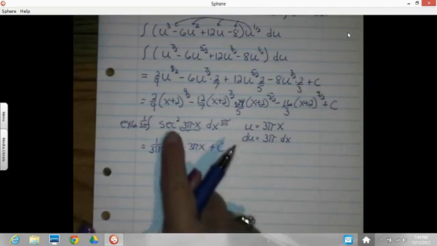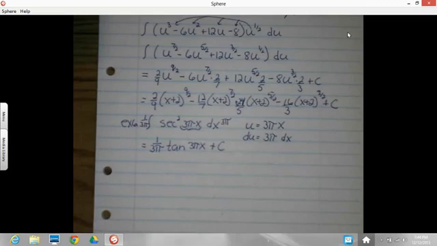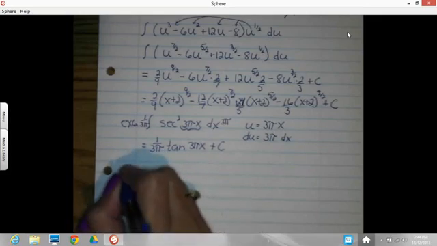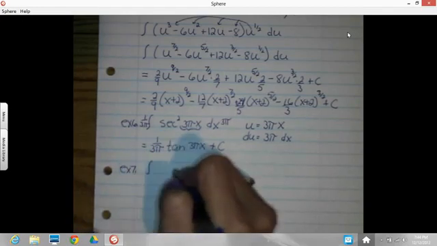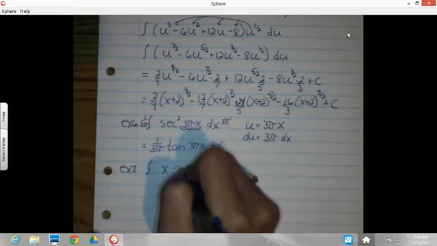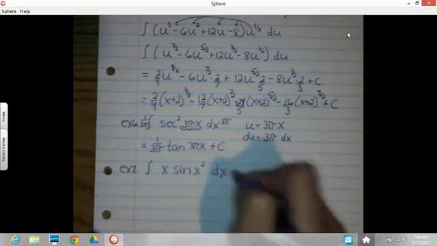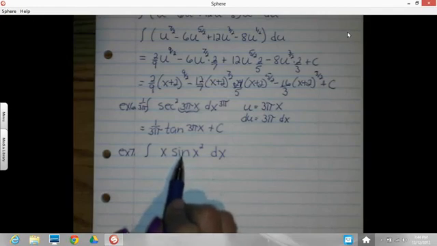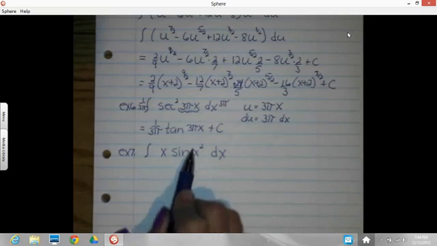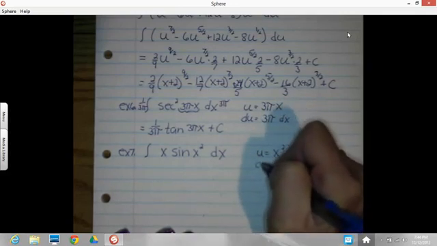Okay, last one. Let's go integral of x sine x squared dx. Okay. I know that cosine's derivative is negative sine, so I know I'm close to having just a trig function here, but I have an angle to worry about. So you let u equal the angle. So the du equals 2x dx.